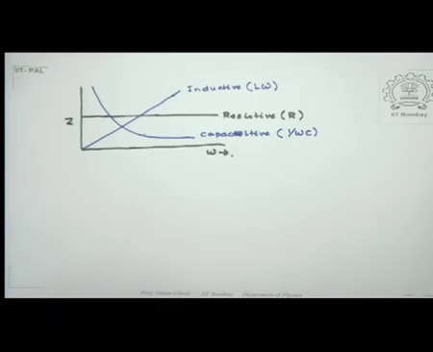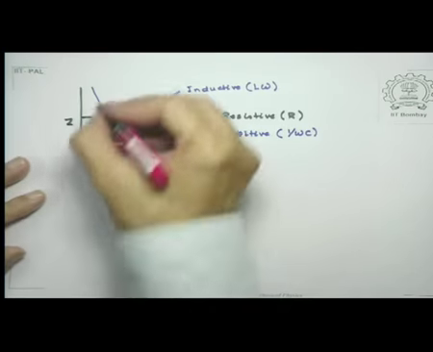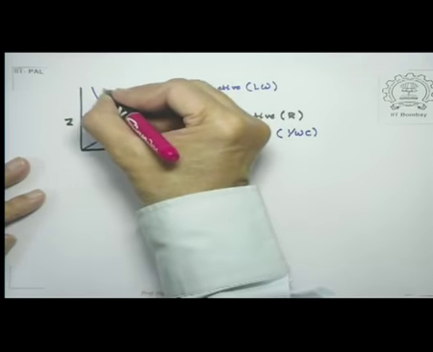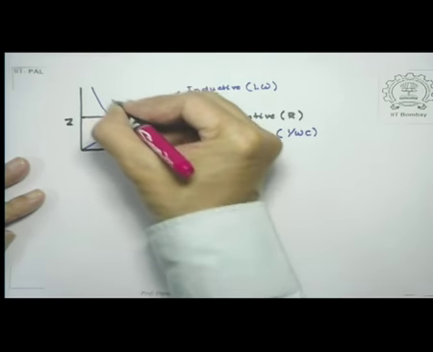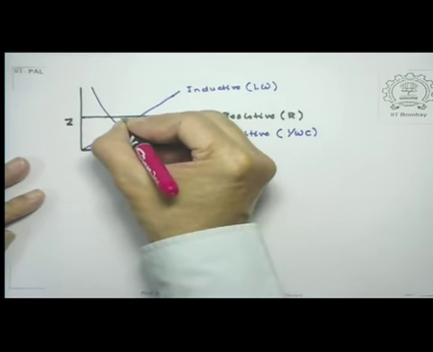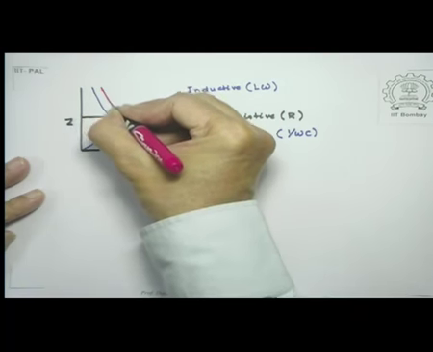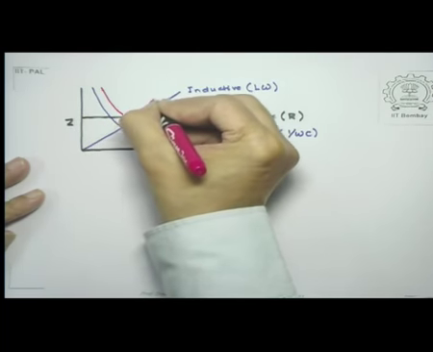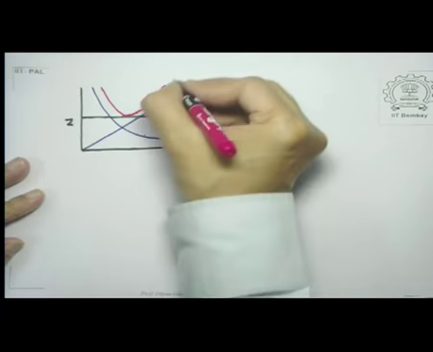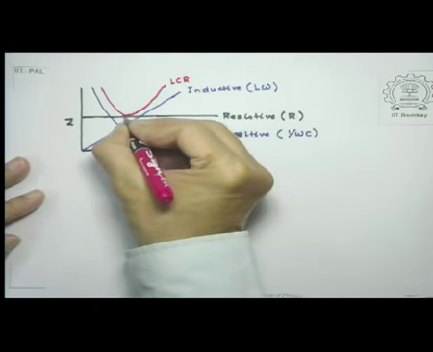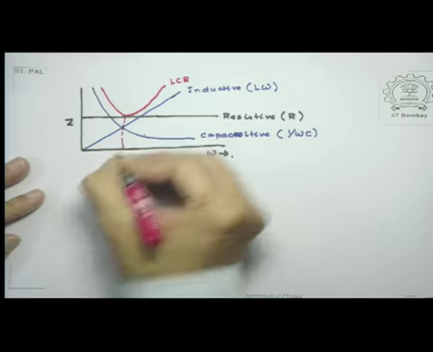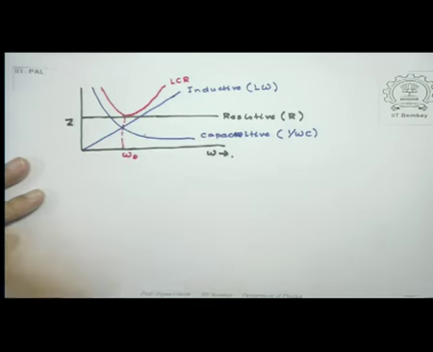If you look at an LCR circuit in general, then the behavior that you get will have a minimum at a particular value of omega, which is the resonant frequency. So this is what you get for the LCR circuit in general, and this is omega equal to omega 0.